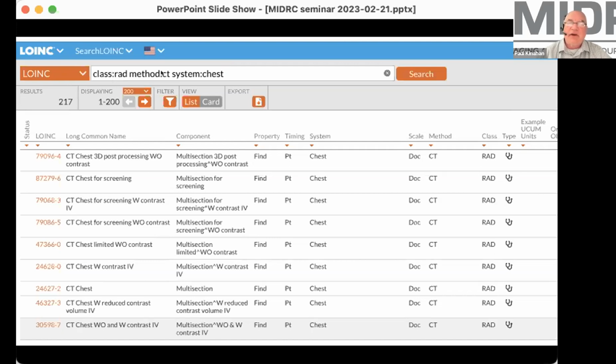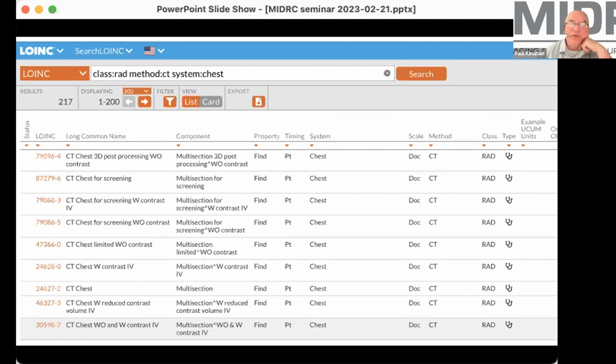Method is specified as CT, and I'll come back to that. Essentially, the modality is all the CT, and the system is chest, which is the LOINC terminology for the body region. With that, it filters down to 217 LOINC codes.